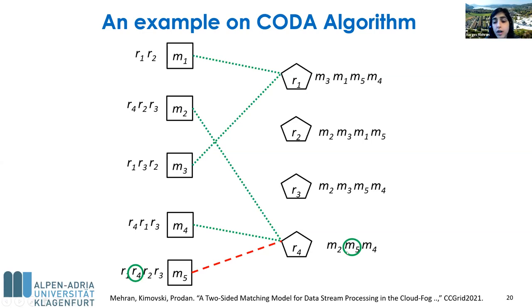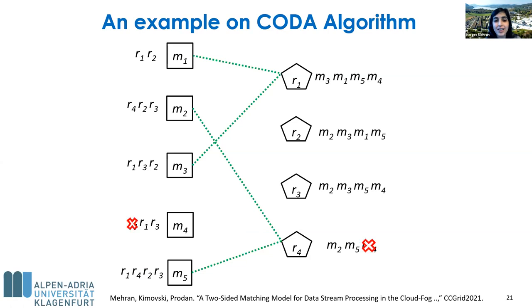But M5 has a higher rank than M4, which has been previously tentatively matched to R4. Therefore, R4 rejects the matching to M4 and instead accepts to be matched to M5.